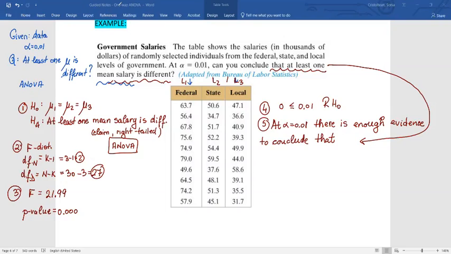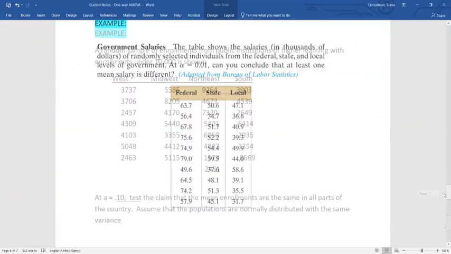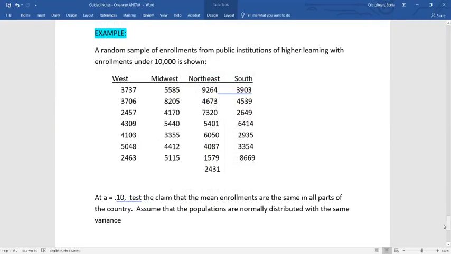There is another example right here, and let's do that. A random sample of enrollments from public institutions of higher learning with enrollments under 10,000 is shown. As you can see, we have West, Midwest, Northeast, and South. The lists don't have to have the exact same number of values in them. You see, this one is longer, and that's okay.